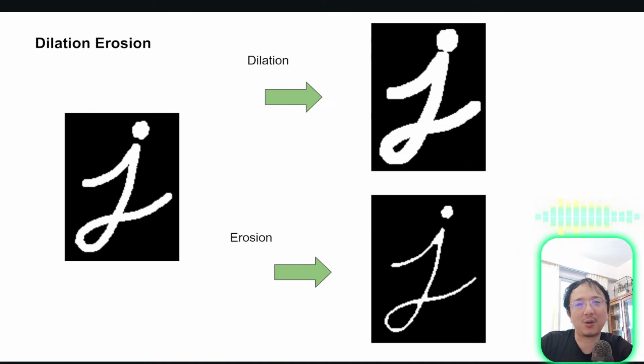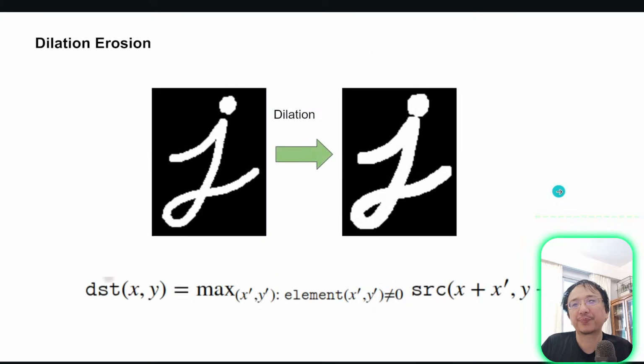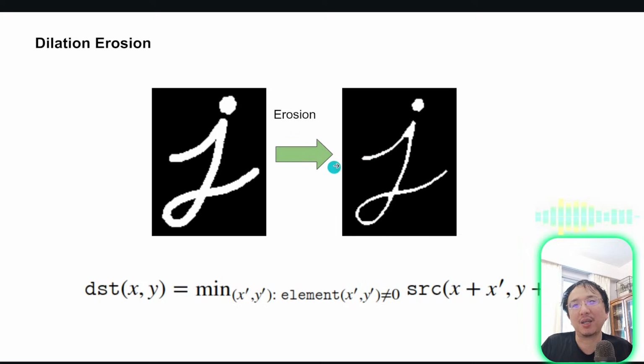If erosion acts on the white pixels, it is like the dilation of the black pixels. By using these two operations, you can remove some gaps in your data. This is the formula of dilation, and of erosion, these two operations.